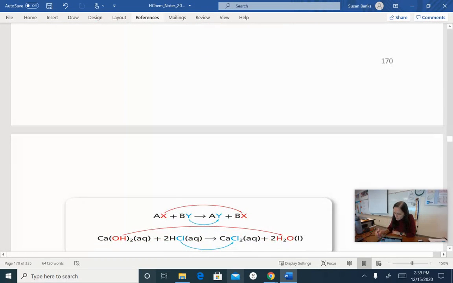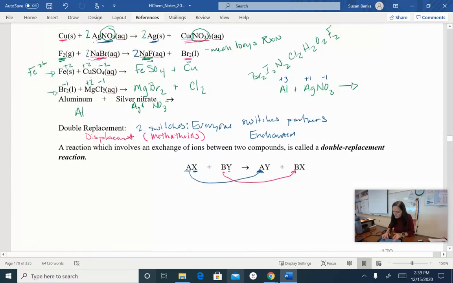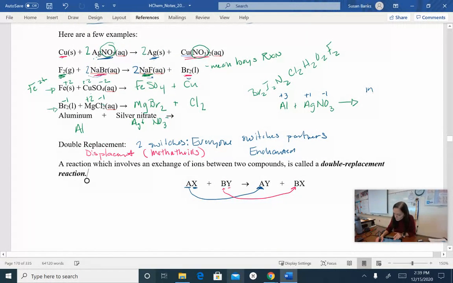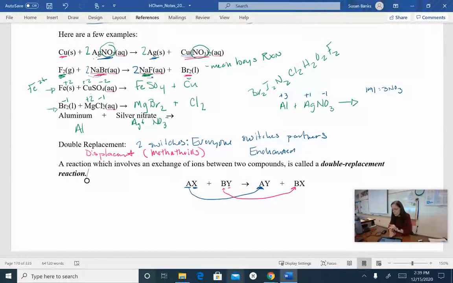We're going to need 1 aluminum, and we're going to need 3 nitrates. +3 plus 3 times -1 equals 0. So 1 aluminum, parentheses NO3, close parentheses 3 for the aluminum nitrate. And then silver is going to be off by itself. Okay, so there's our skeleton.